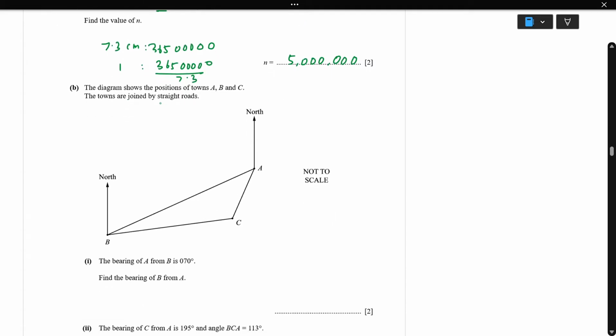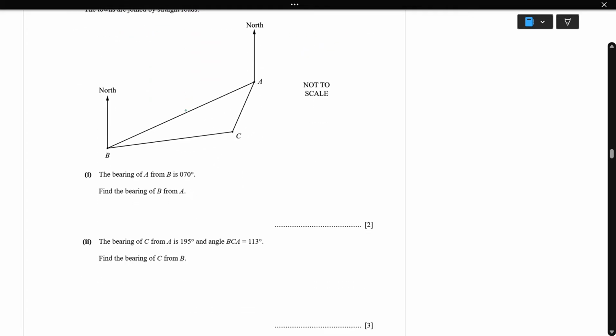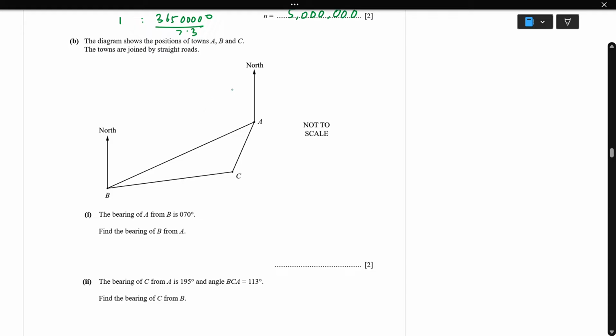Next part: the diagram shows the position of towns A, B, C. The towns are joined by straight roads. The bearing of A from B is 070. Next, the bearing of B from A. So B from A, we need to calculate the entire angle, because bearings are measured clockwise from north, so these lines are parallel.